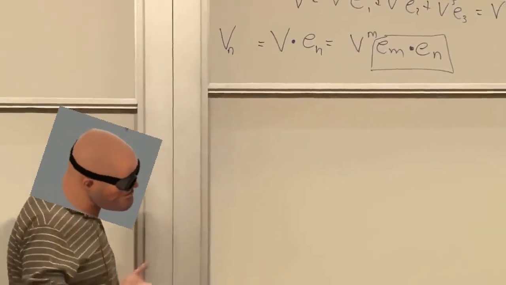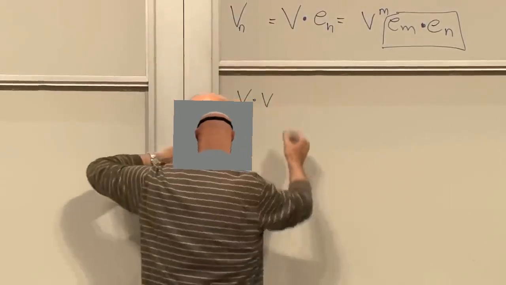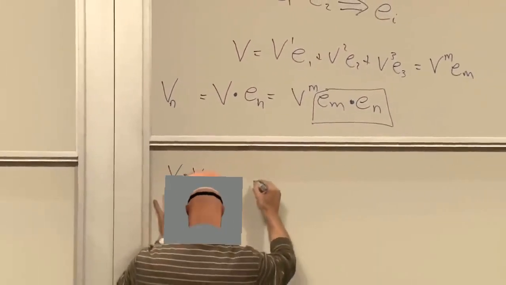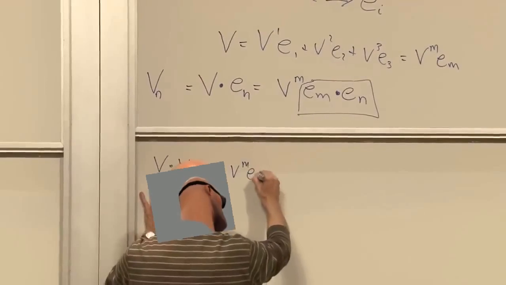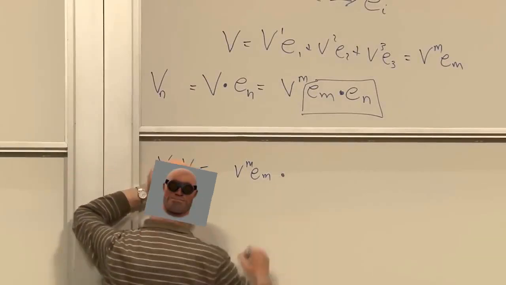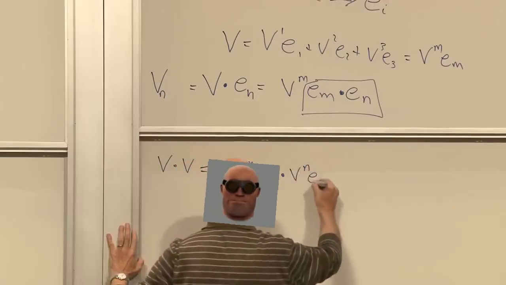The length of a vector is the dot product of the vector with itself. Let's calculate the length of V. Then we'll see various ways we can write it. It's V dot V. Now, let's calculate V dot V. From here, we can write that the first V is V^m E_m, right? That's the first V. But then let's take its dot product with the second V. The second V is V^n E_n.